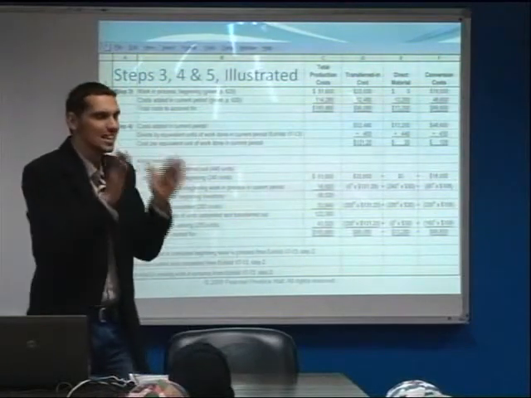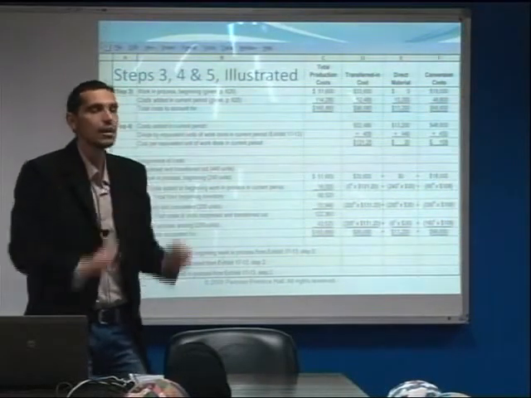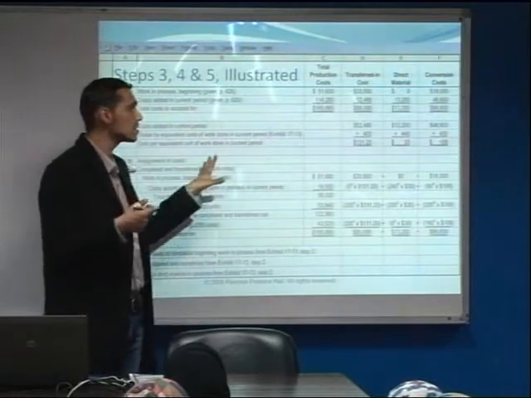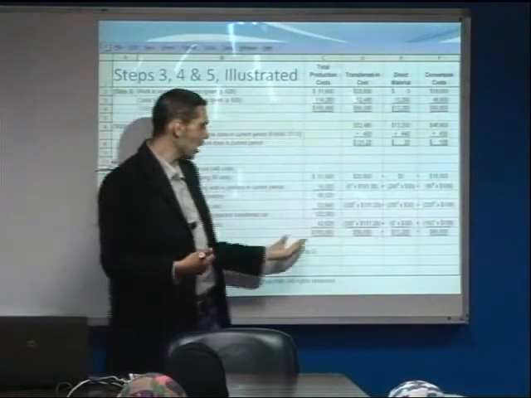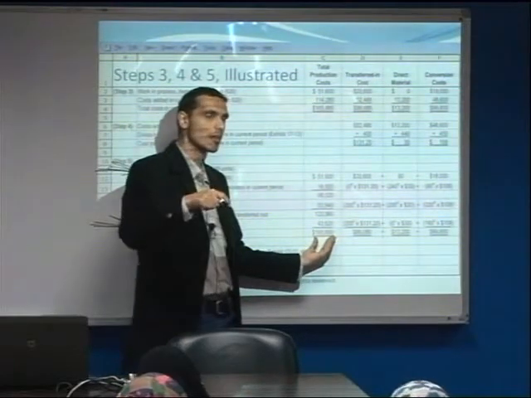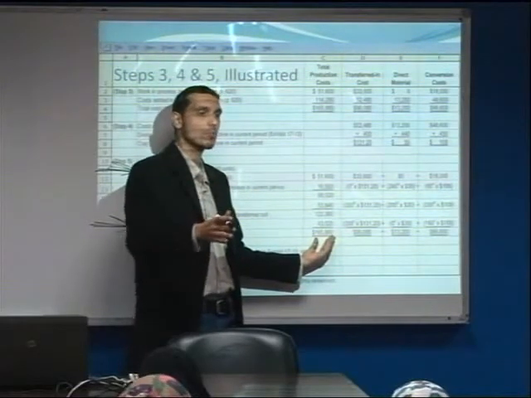Why? Because these units are still in process, therefore they stay in the work in process in the testing department. In this month, we have added $165,880 to the work in process account.